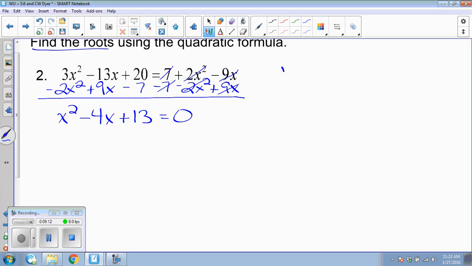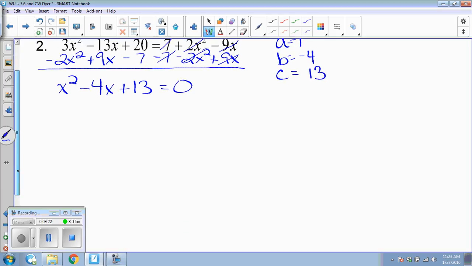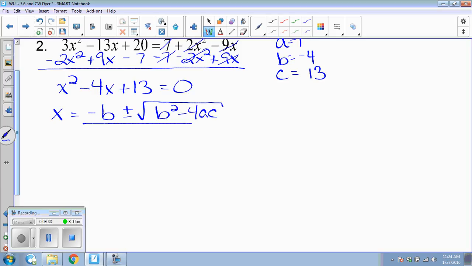So we know that A equals 1, B equals negative 4, and C equals 13. Okay? So we write the formula. So x equals negative b plus or minus the square root of b squared minus 4ac all over 2a. We write that every time too.